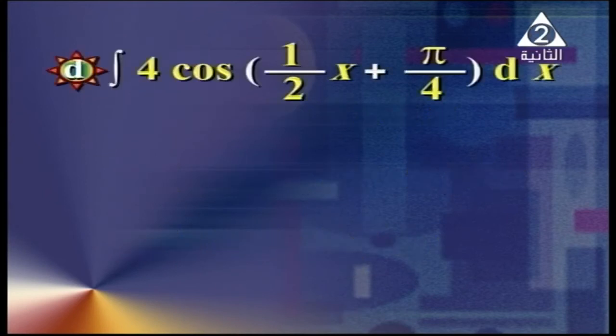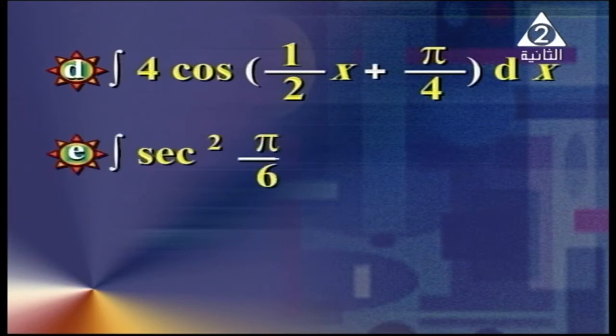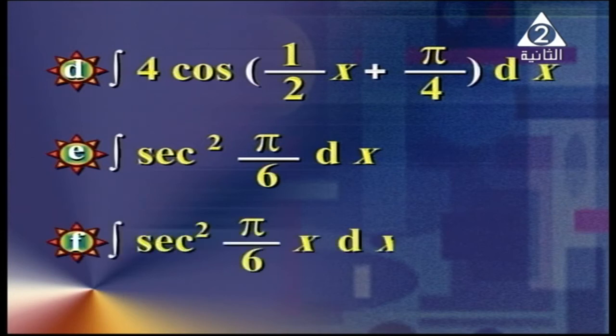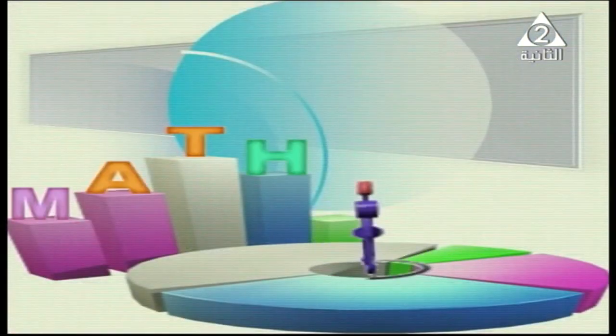Number D, integration of 4 cosine of the bracket containing half x plus pi over 4, dx. Number E, find the integration of sec squared pi over 6 dx. Number F, integration of sec squared of pi over 6 x dx. Solution.